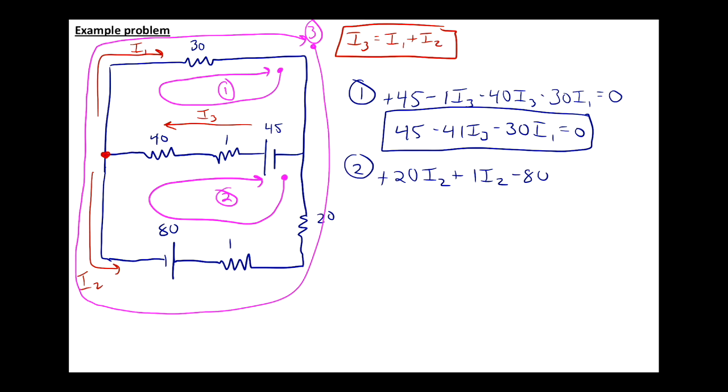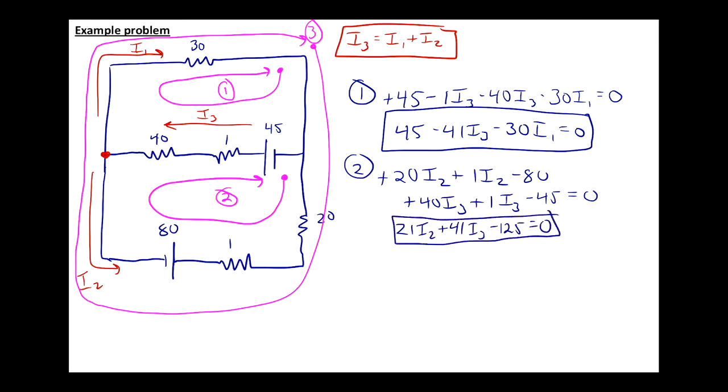So we could write that as plus 40 I3 plus 1 I3 minus 45, and then I'm back where I started, so that equals 0. And let's combine a few terms. Let's see, it looks like I've got 21 I2 plus 41 I3 minus 125 equals 0.